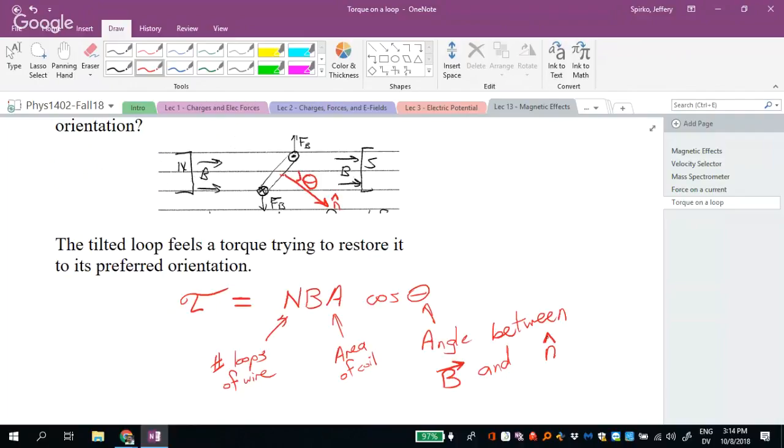The hat stands for direction and n stands for normal. And this is a normal vector for that particular loop. And if the loop is twisted so it's vertical again, then the normal vector would be aligned with the magnetic field and then there would be no torque anymore. So we'll talk about how to use this equation then on Wednesday.